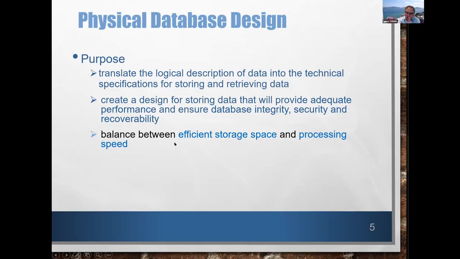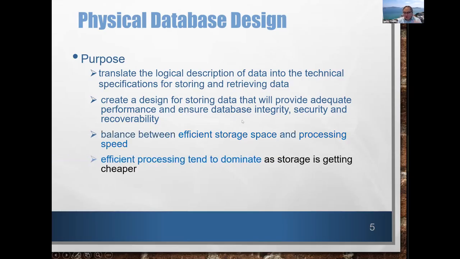How fast can you retrieve the data from the secondary storage of the hard disk into the RAM memory of your notebook or your PC or your server? So you want fast retrieval, and you also want efficient use of storage in the hard disk. This is a balance between two points: storage space, which is memory space, versus processing speed.